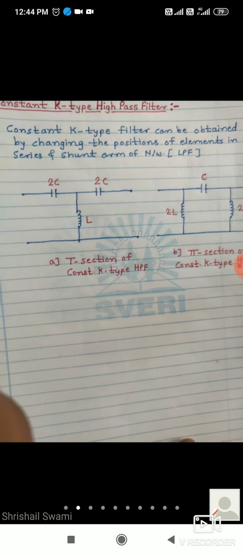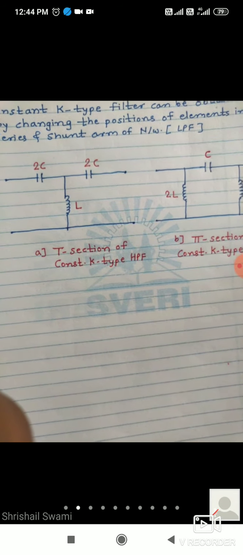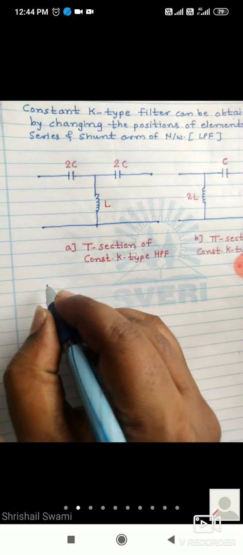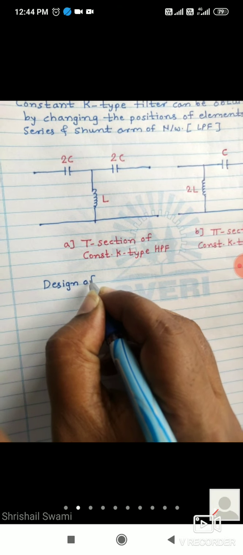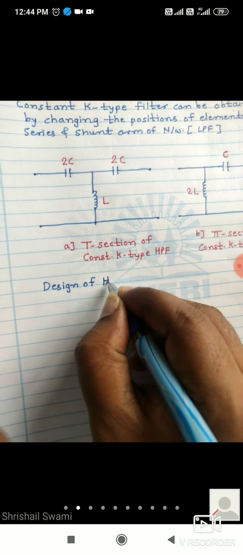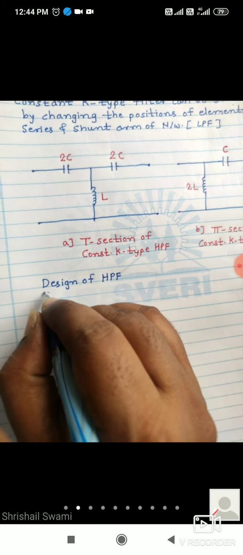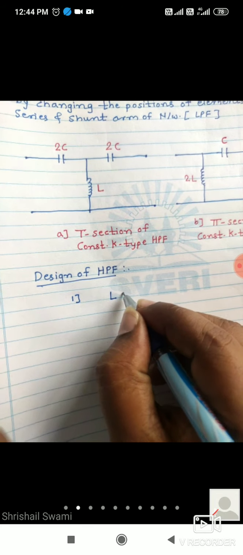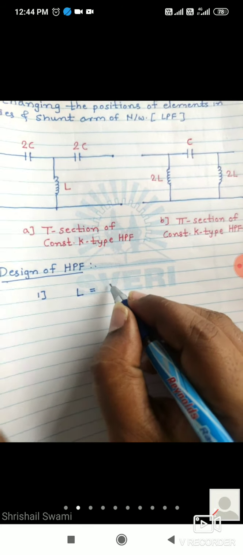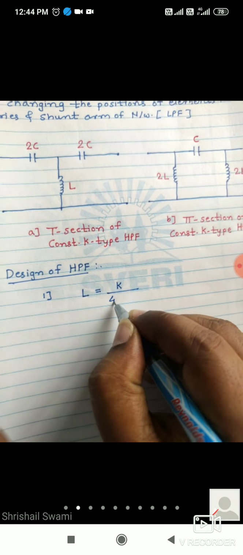Okay, so the formulas for the design of the constant K type high pass filter. The first formula is for L. L is equal to K upon 4 pi Fc.